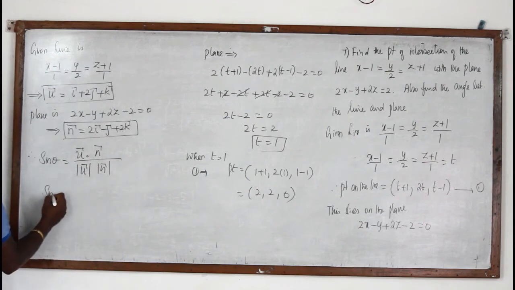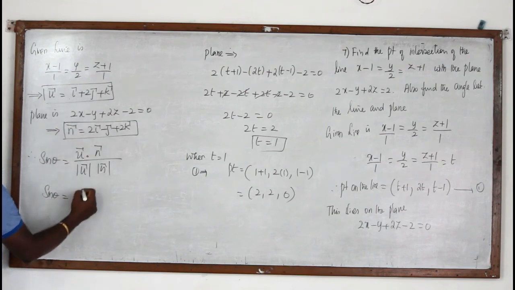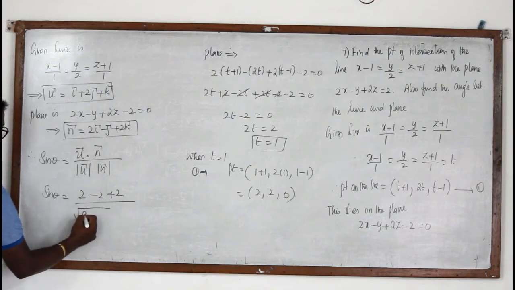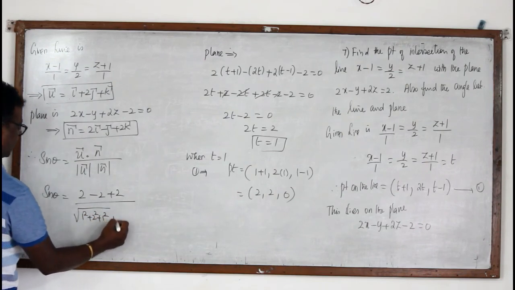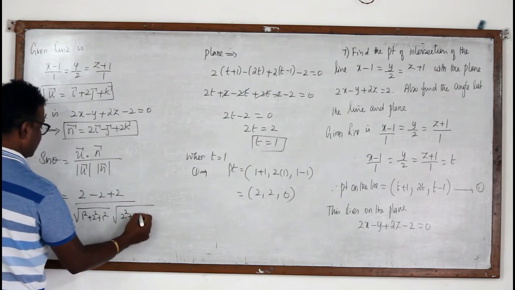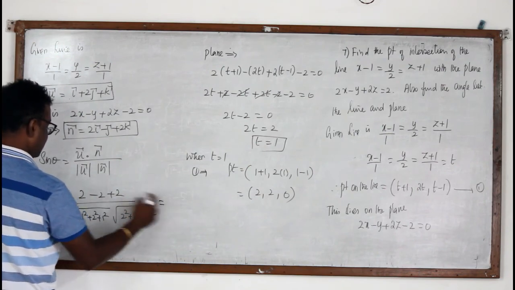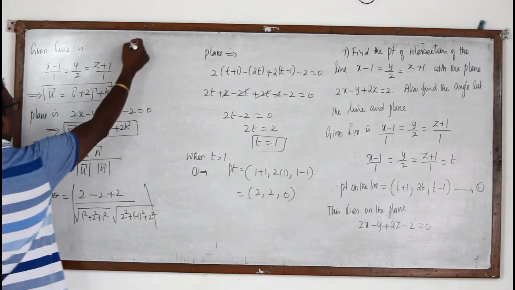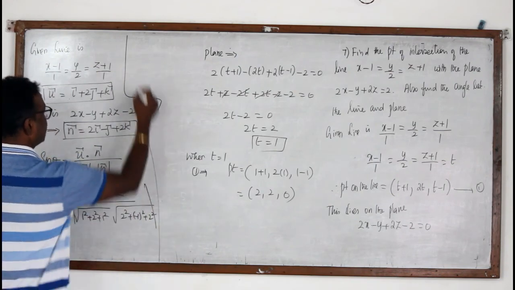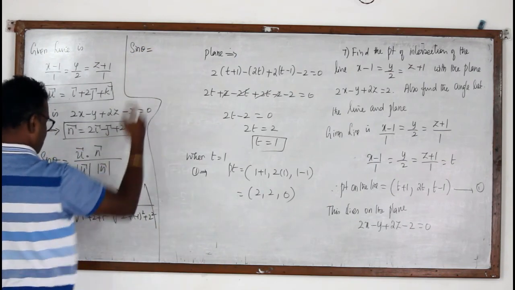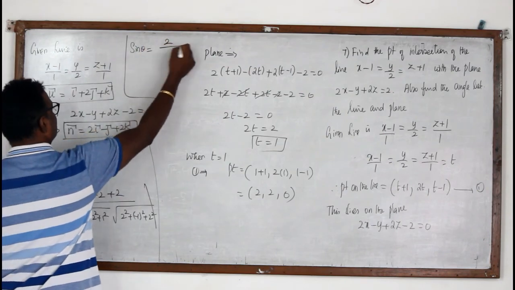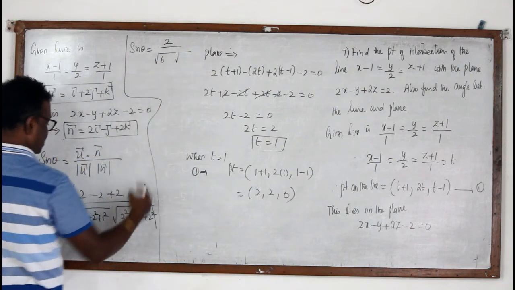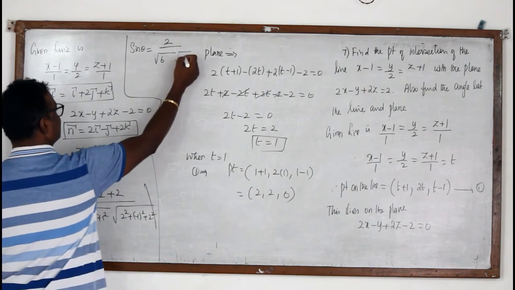Therefore, sin theta is u dot n, which is 2 minus 2 plus 2, by root of 1 square plus 2 square plus 1 square into root of 2 square plus minus 1 the whole square plus 2 square. Of course the modulus. Sin theta equals 2 by root of 4 plus 1 plus 1, which is root 6, times root of 4 plus 1 plus 4, which is root 9.